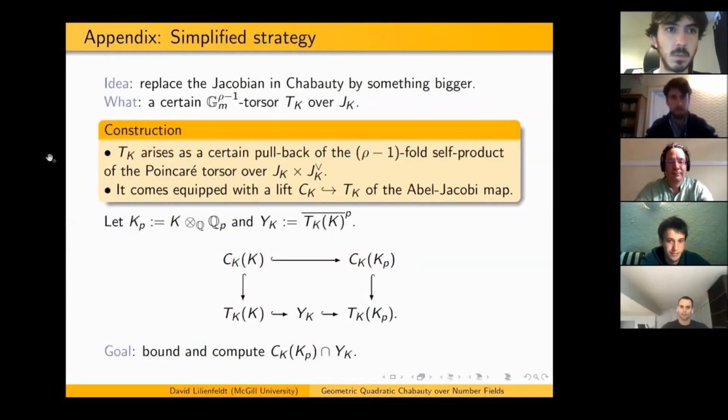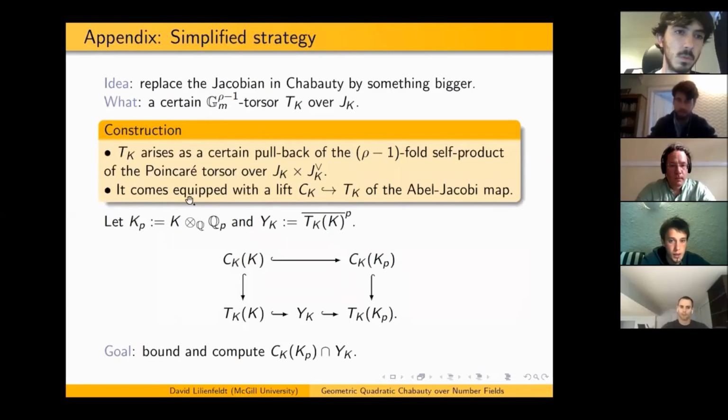So let me maybe just very briefly outline a very simplified strategy. The basic idea of Edixhoven-Lido, whose method we generalize, is to replace the Jacobian in Chabauty's original method by something bigger. And what is that? It's a certain G_m^(rho minus 1) torsor over the Jacobian. It arises as a certain pullback of the Poincaré torsor over the Jacobian times the dual Jacobian.